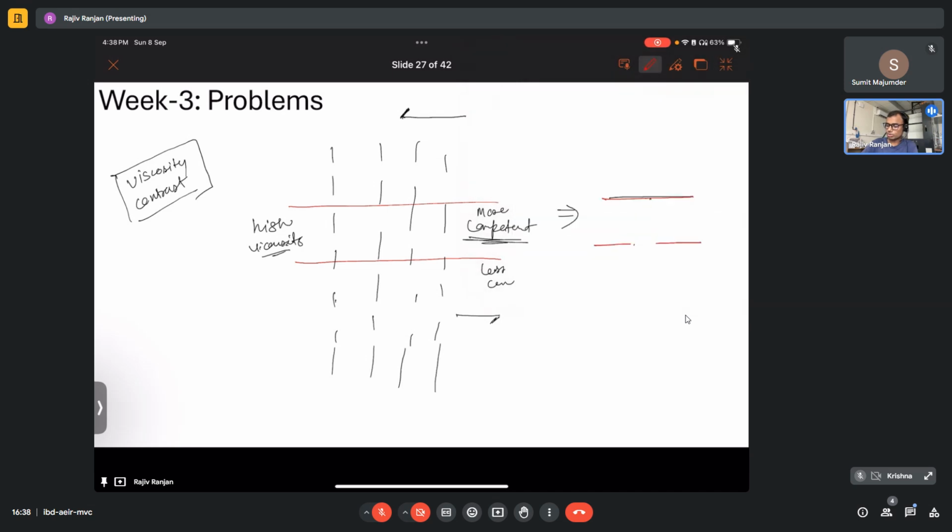Now I hope you are clear. So what will happen here is that this will move like this, right? Am I drawing it correctly? What will happen if you have shear?